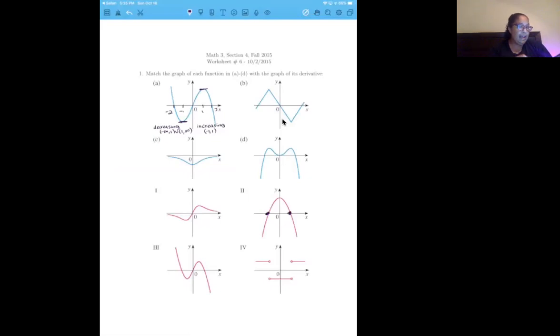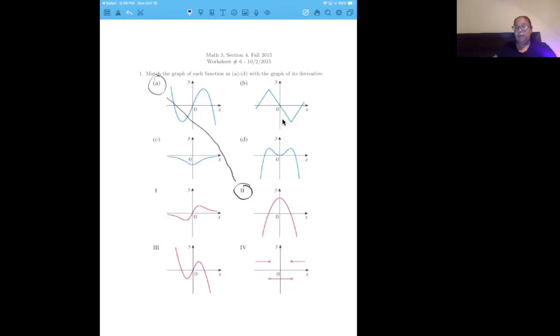Now it's below the x-axis here. That means the original function is decreasing in these 2 places, and the original function is increasing in this place. So the correct graph must be this one. That matches to this one.